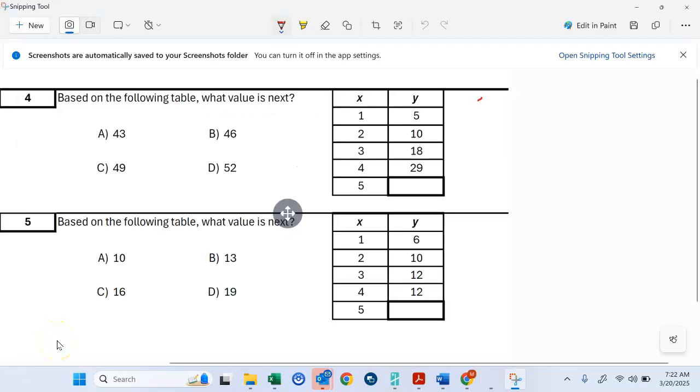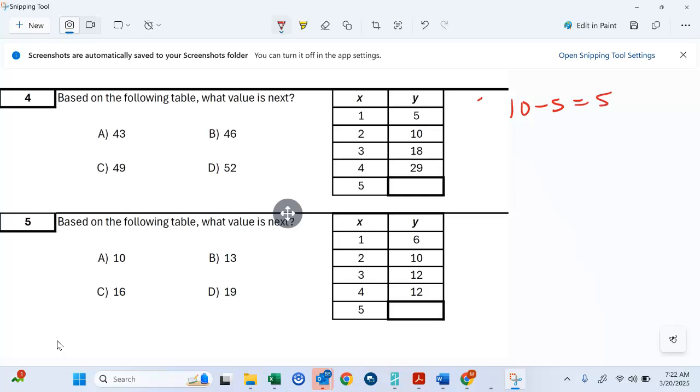Okay, so what do we get? We get, okay, so we got 10 minus 5 equals 5. So this is plus 5. And then this one here, 18 minus 10 equals 8, plus 8 here, 29 minus 18 equals 11.